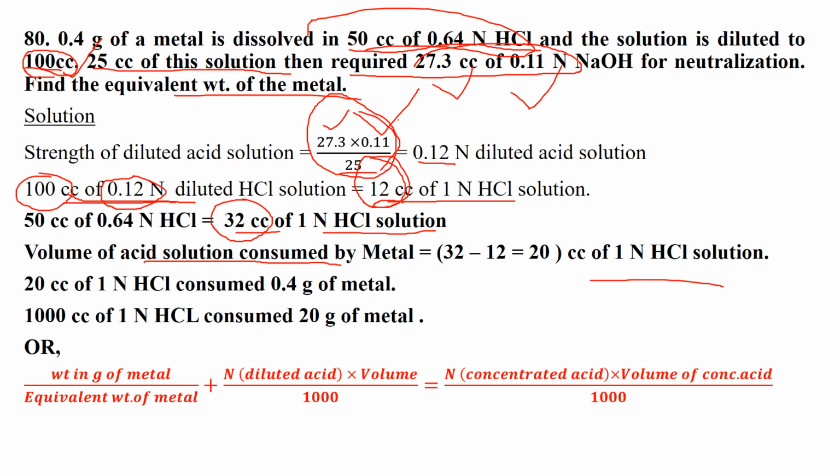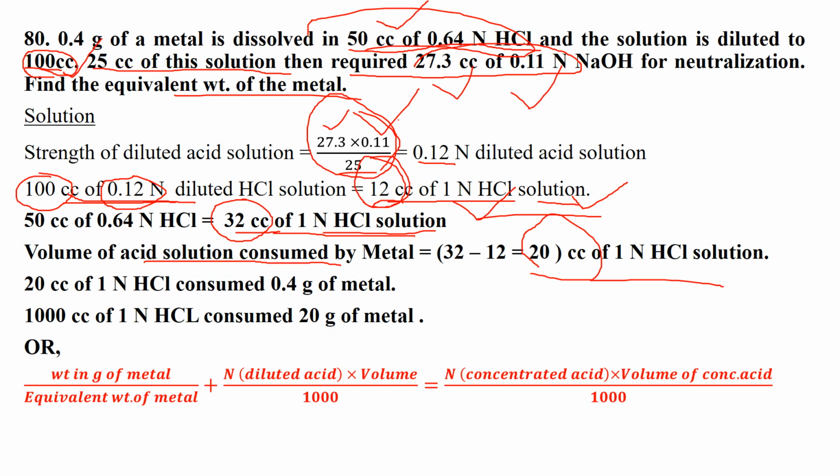Remember, this 30 cc of 1N HCl is the initial HCl solution, and the final HCl is 12 cc of 1N HCl which remains in free state, not attacked by the metal. So only 20 cc of 1N HCl reacts with the metal.